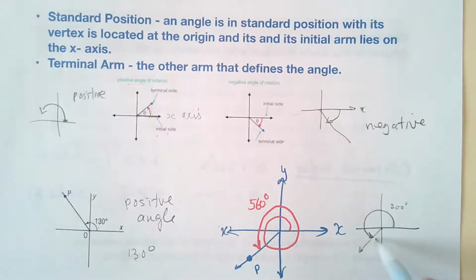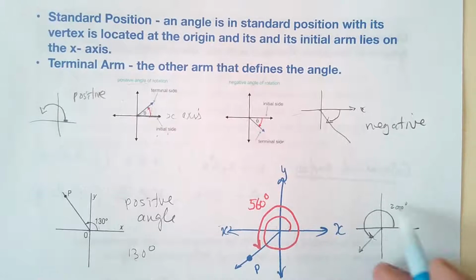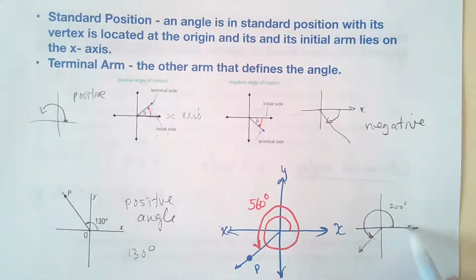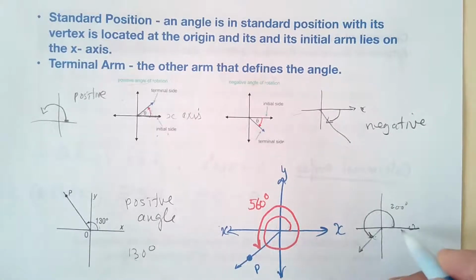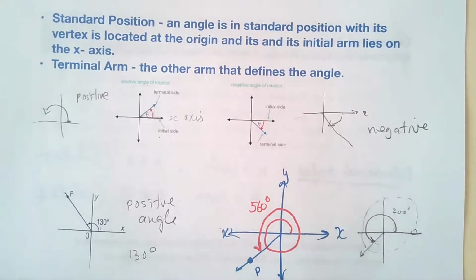Now, if you were to make another complete rotation, you start from here and come back here. That will be 360 degrees, because starting off from 0, you have 200 degrees, and then you complete another rotation and come back. That's 360.